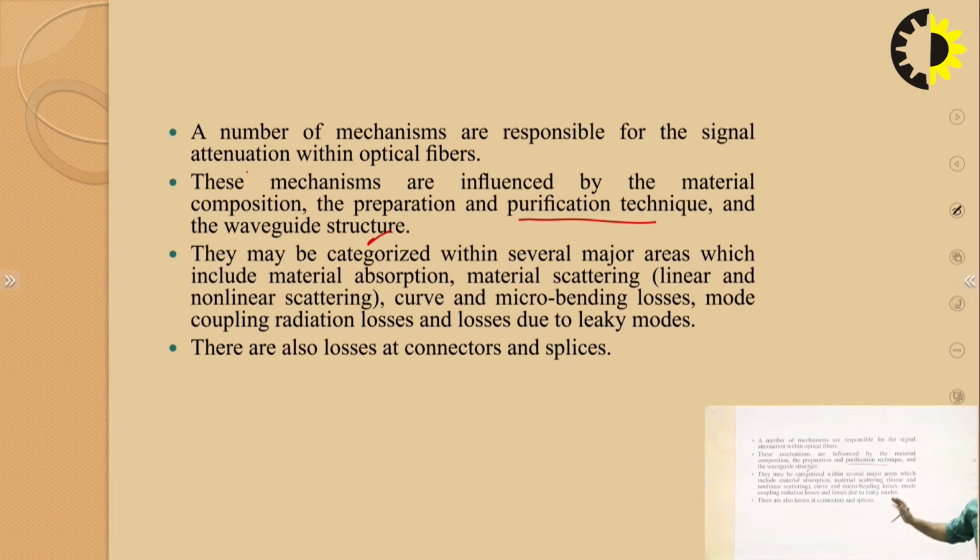There are a number of further factors which can be categorized into different major areas which cause the attenuation, like material absorption, material scattering, and this scattering is further classified into two types, linear and non-linear. Another factor is curve and micro bending losses, which also cause the attenuation, along with mode coupling, radiation loss, and loss due to the leaky modes.